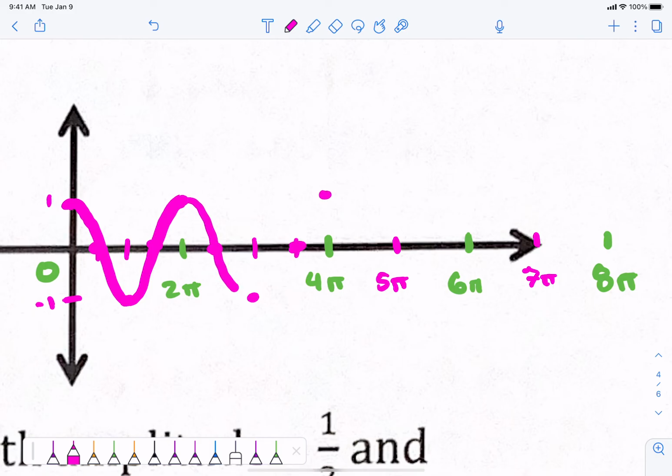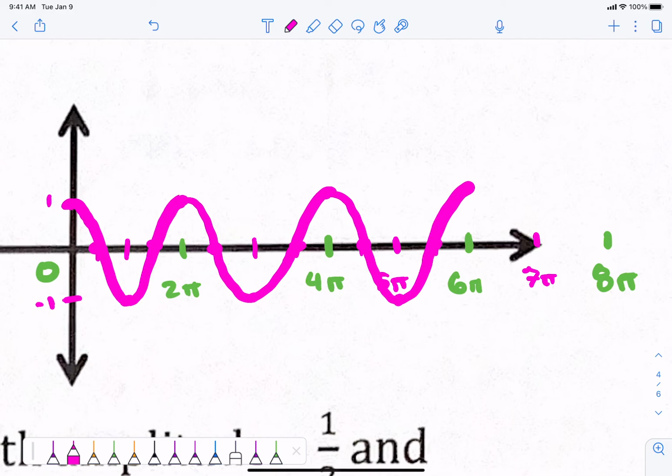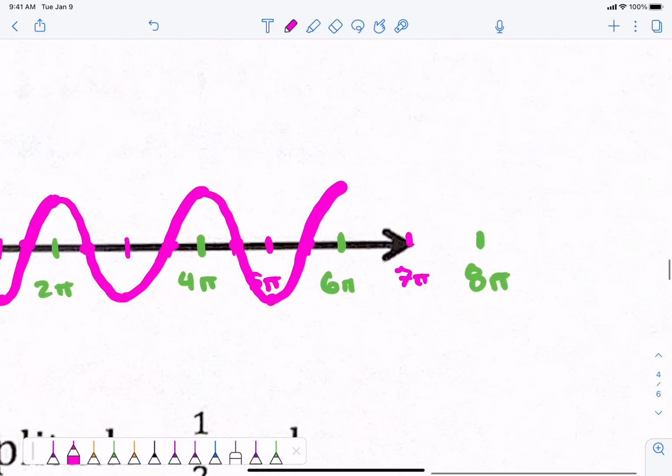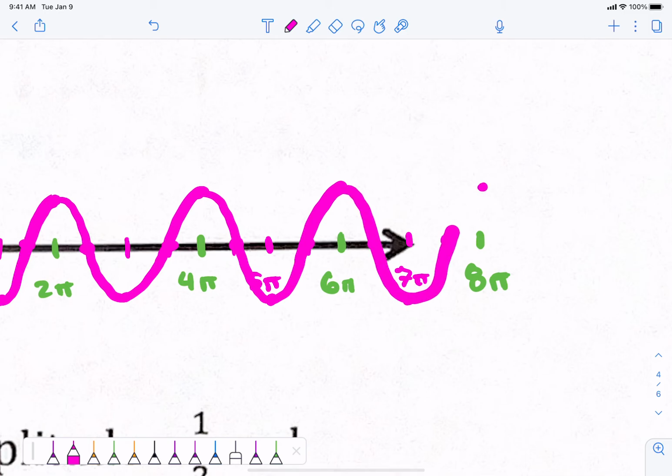And he's going to do that again. Okay? Ooh, I'm getting crazier. Down, down, up, up. There he is. And I'm going to do it again. Down, down, up, up. There's my cosine graph.